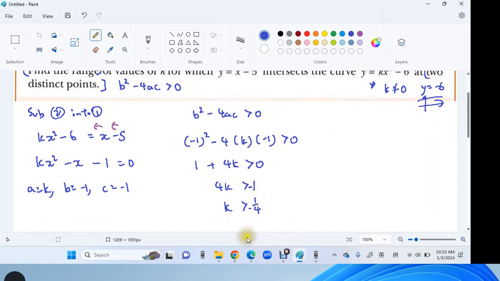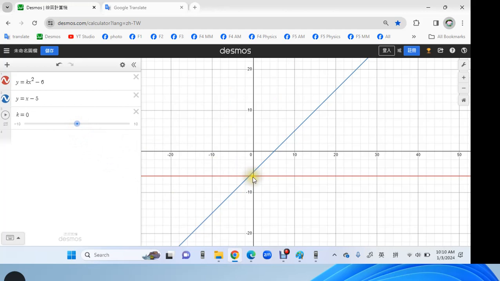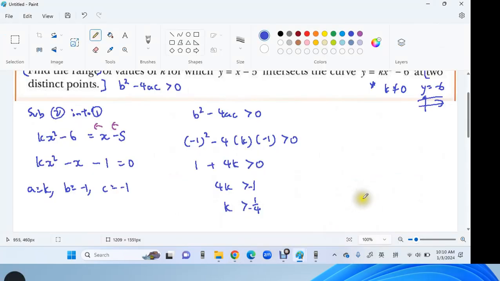Actually, if I didn't check with the graph using Desmos, I also would just leave the answer as k greater than negative 1 over 4. But since we checked with Desmos, then we know that k is greater than negative 1 over 4, and at the same time, k cannot be 0.